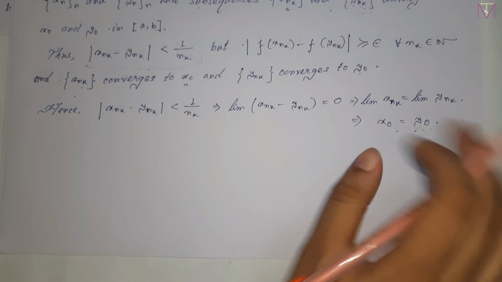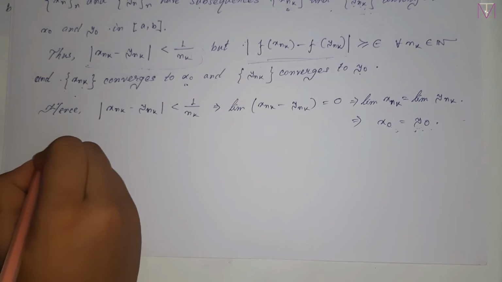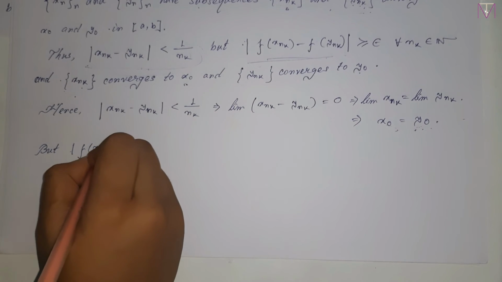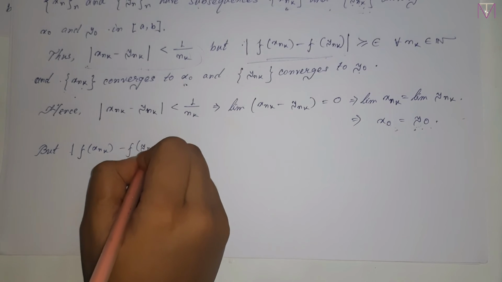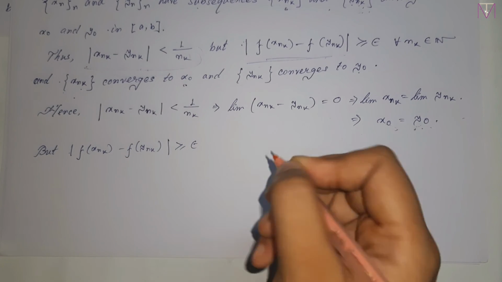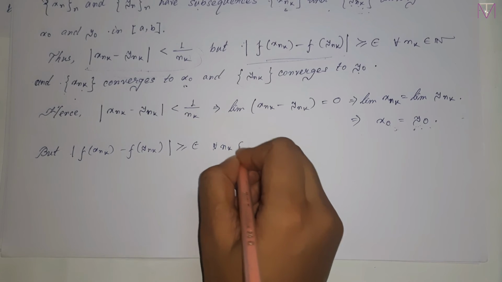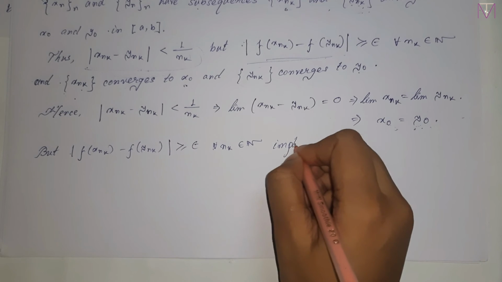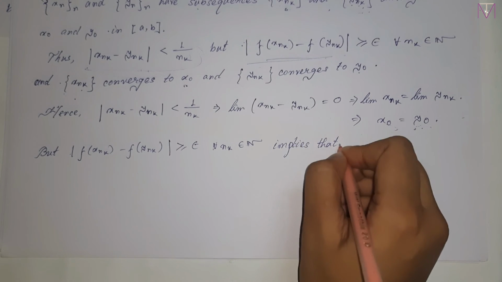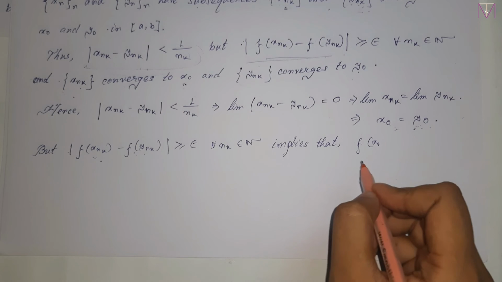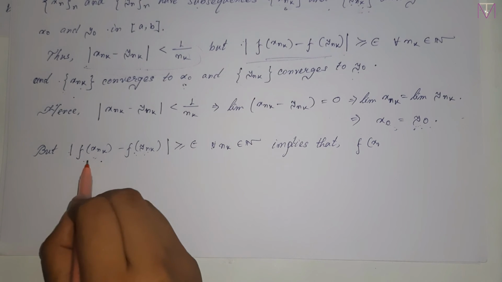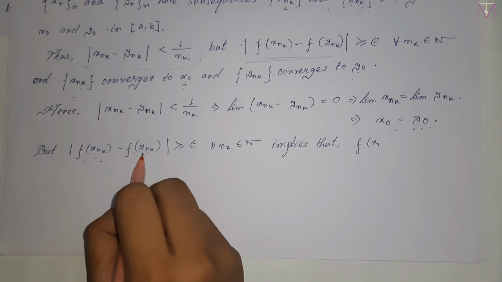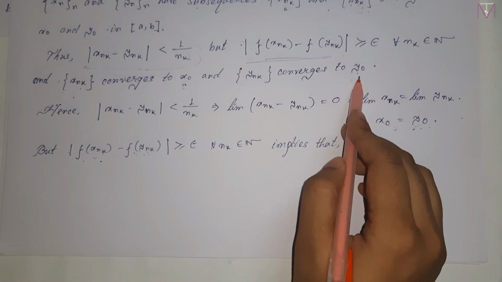Now, from this condition, |f(xnk) − f(ynk)| ≥ epsilon for nk in the natural numbers, this implies that these two sequences, f(xnk) and f(ynk), do not converge to f(x0) and f(y0).